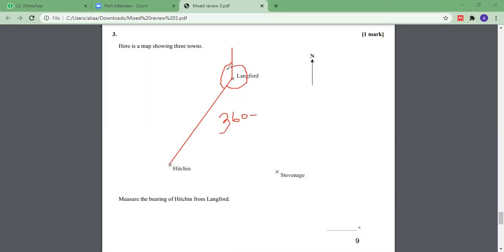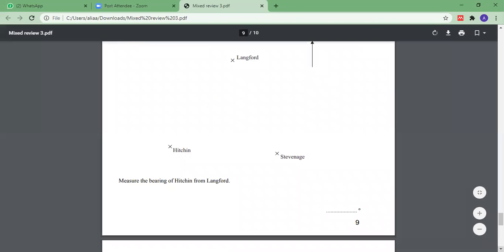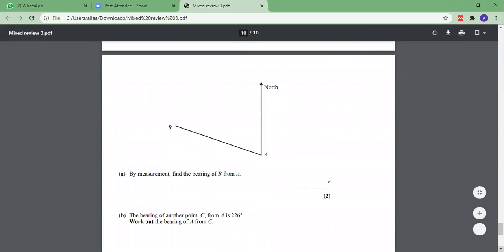I think it's going to be around 130. Of course, if you measure it by the protractor it will be more accurate, but then I will subtract it from 360. Okay, last question.